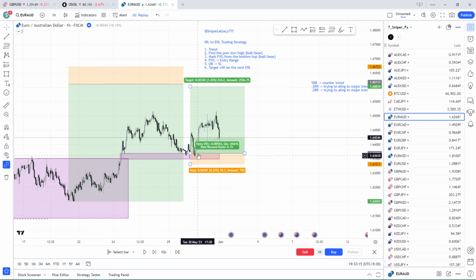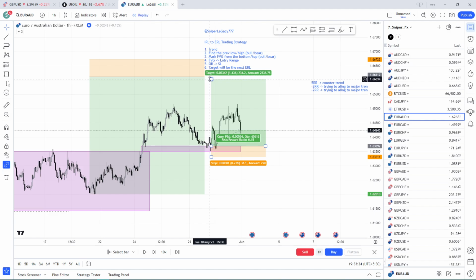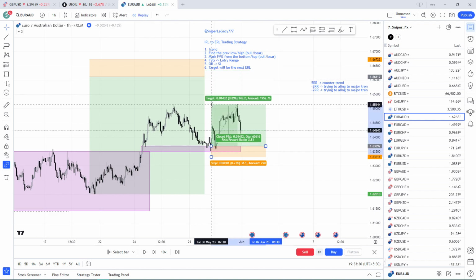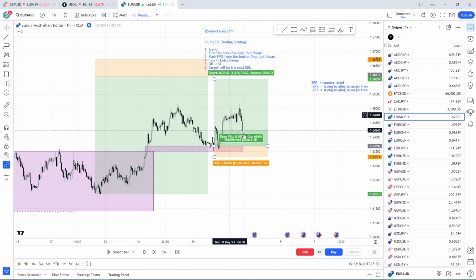Okay, so see how the market reacted from IRL, right? The market reacted from IRL and it gave a move. Since we are waiting for 6RR, we have still not yet hit our profit. But if we take 3RR or 4RR, we would have already hit our take profit. So this is how the market has reacted.